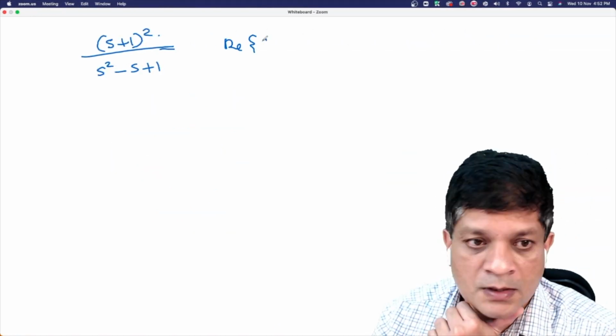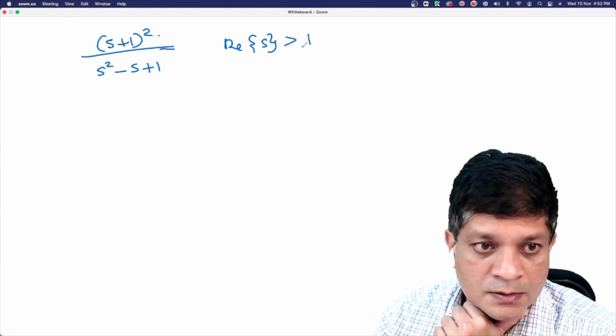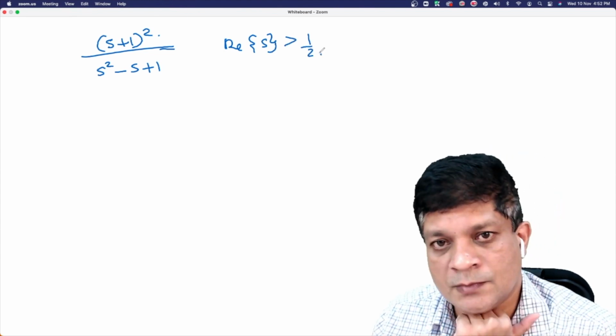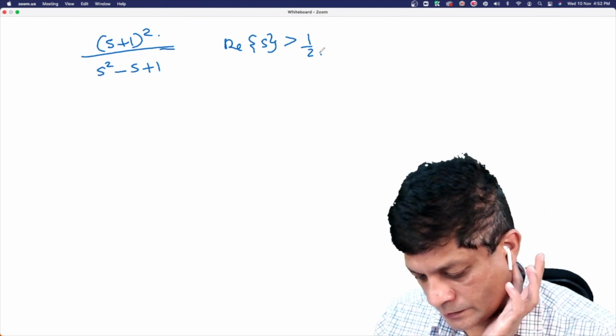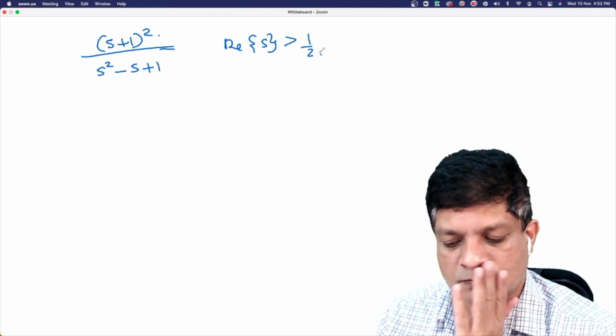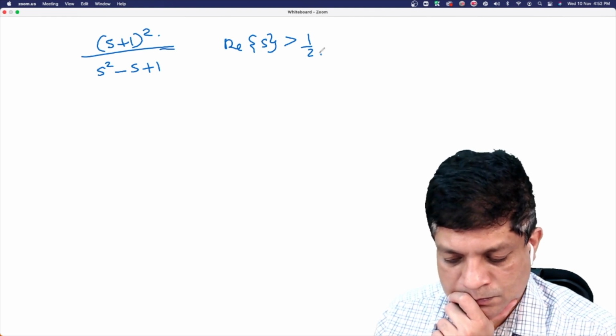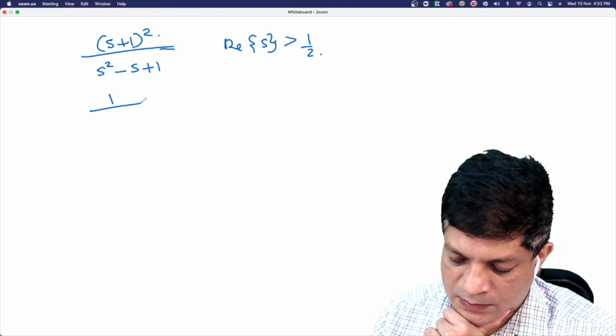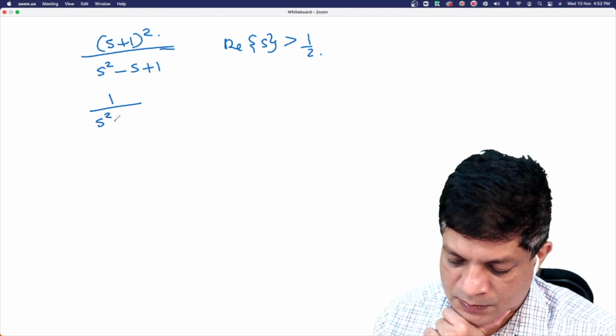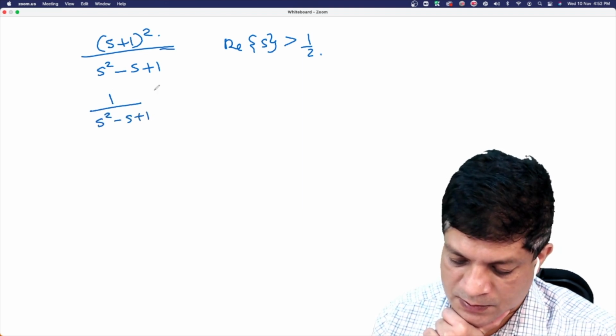It's got the real part of s greater than 1 by 2. Can we convert this into some standard form? Can we write this as 1 upon s square minus s plus 1?